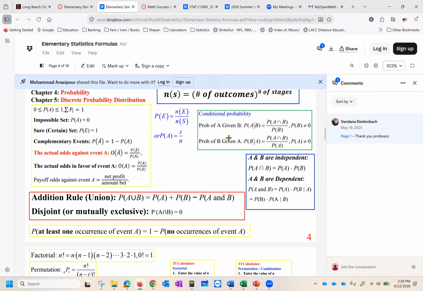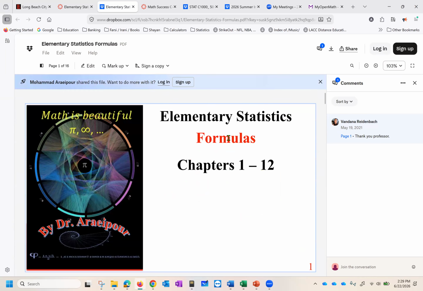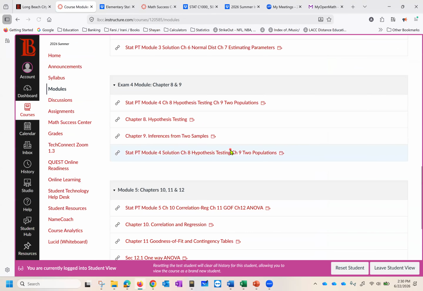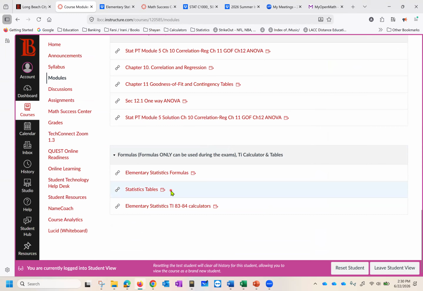And I've even separated them by chapters. Okay, so these are formulas under the last modules. The last module would be resources. The next one is statistics tables.